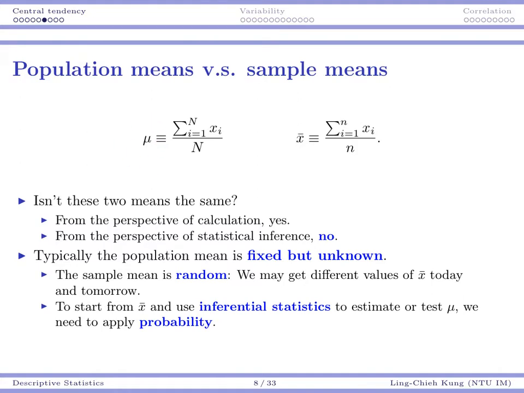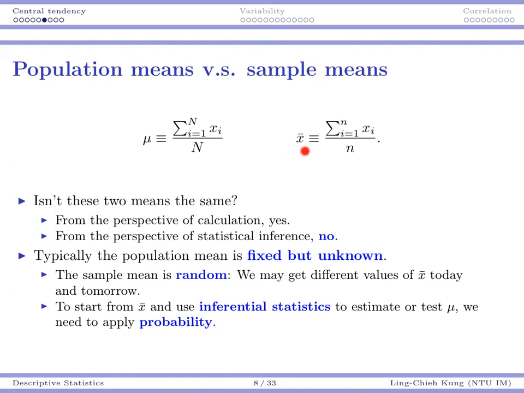So let's consider an example. Suppose I'm talking about the average height of all the NTU students. Because the number of NTU students is fixed and all the heights are also fixed, the population mean must be somewhere there. It's just that we don't know. But anyway, the population mean is a fixed number.